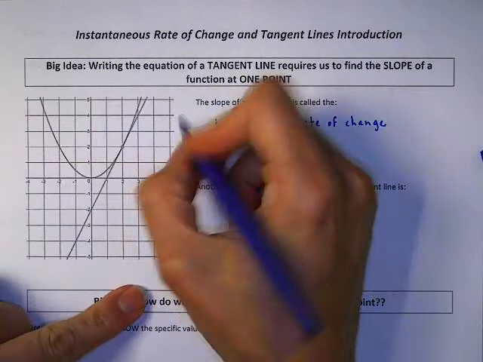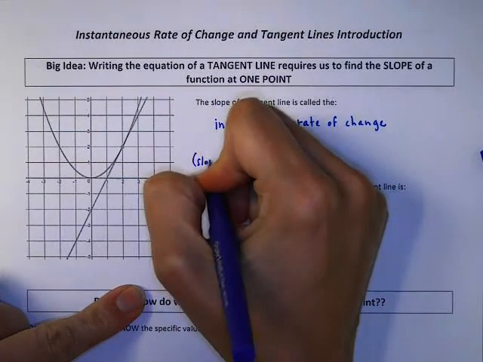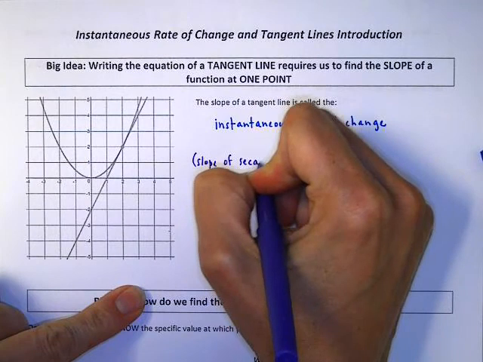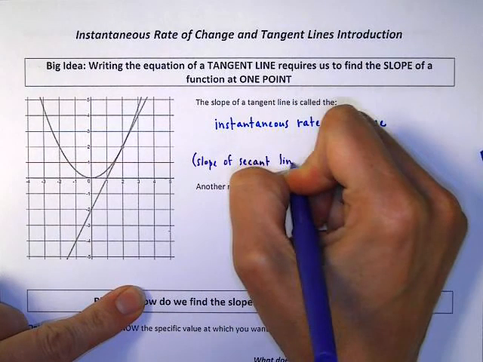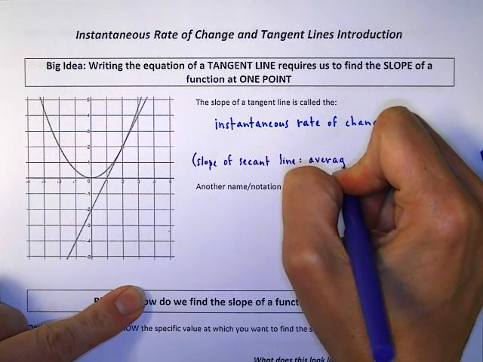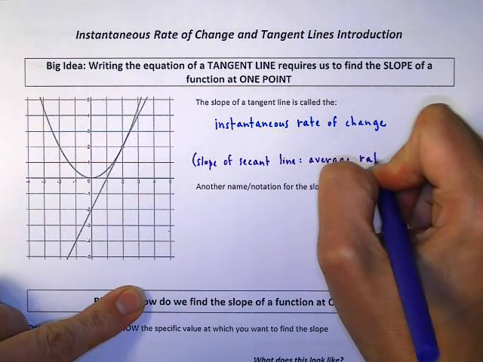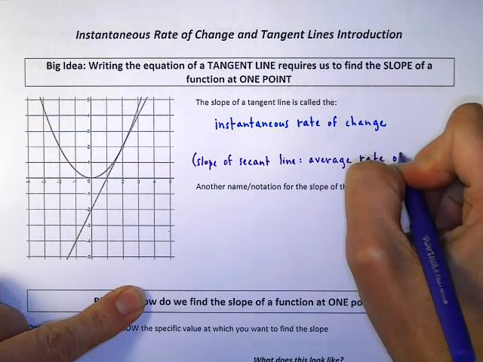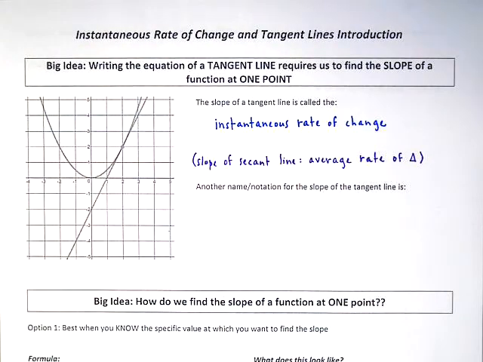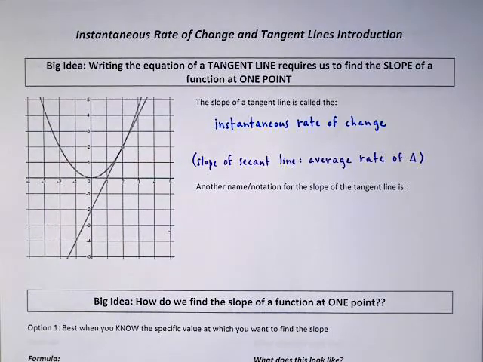We knew before that the slope of the secant line was the average rate of change. And I just want to keep bringing that up because you'll hear these terms used interchangeably. So the slope of the tangent line is the instantaneous rate of change, and the slope of the secant line is the average rate of change.